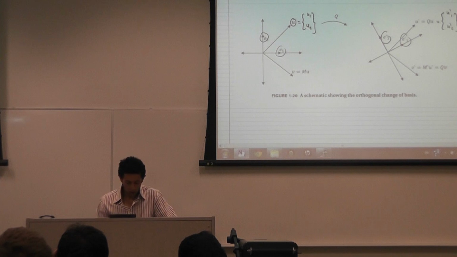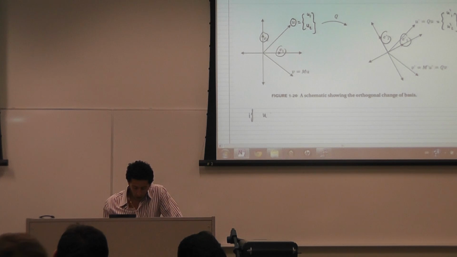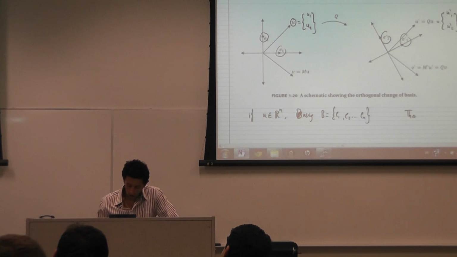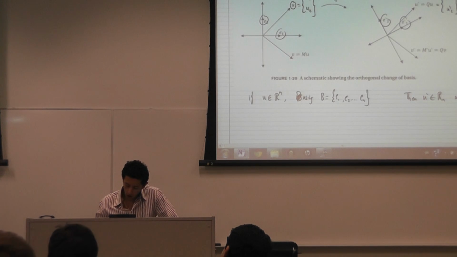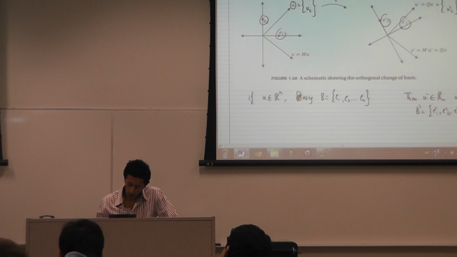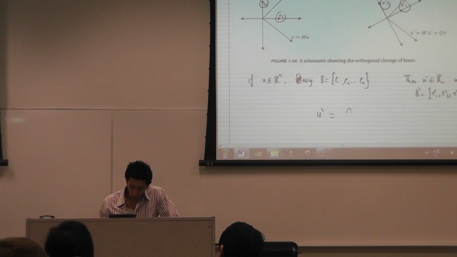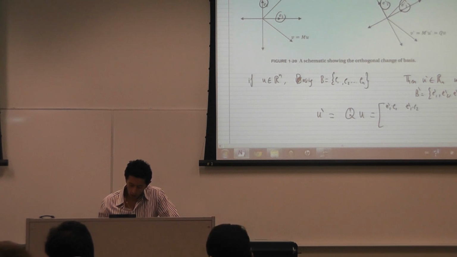So, for a vector, if you use B equal to E1, E2, up to En, then U prime, the new vector using a new coordinate system, E dash 1, E dash 2, E dash 3, and so forth up to E dash N, U prime is equal to Q multiplied by U, where Q is equal to E dash 1 dot E1, E dash 1 dot E2, and so on.